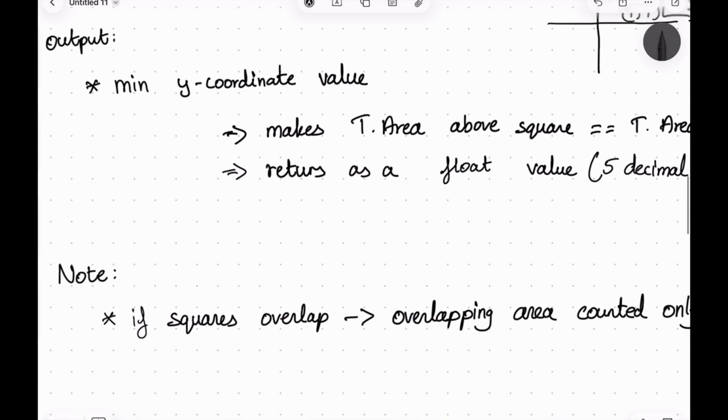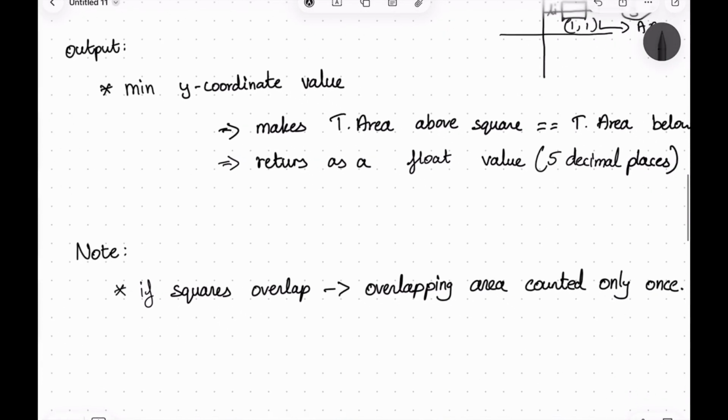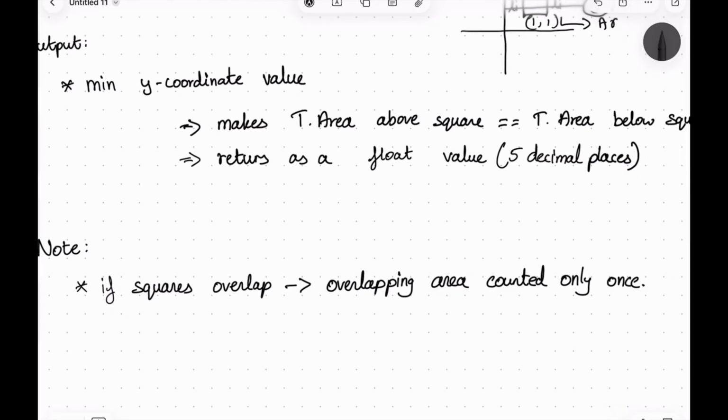So one thing to note, this is what makes this problem so hard compared to yesterday's problem. If squares overlap, the overlapping area is counted only once. In the previous problem we could count the overlapping area, but here it is counted only once.